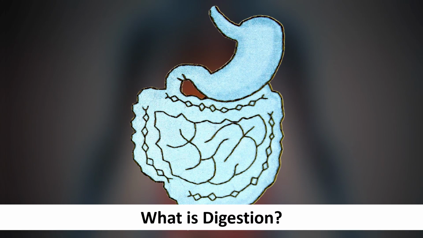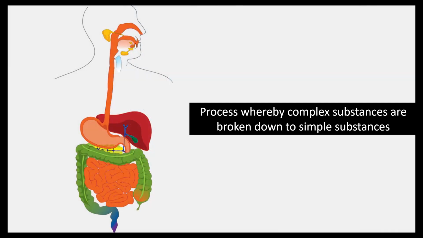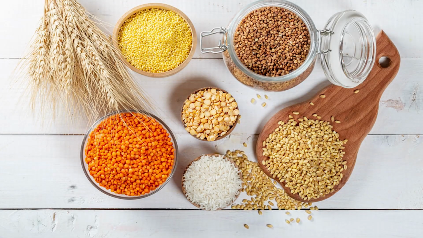What do we mean by digestion? The digestion is a process where the complex substances are broken down into simple substances. What is a complex substance? Like we eat cereals, we may eat rice, we may eat wheat, we may take starchy foods like roots and tubers.